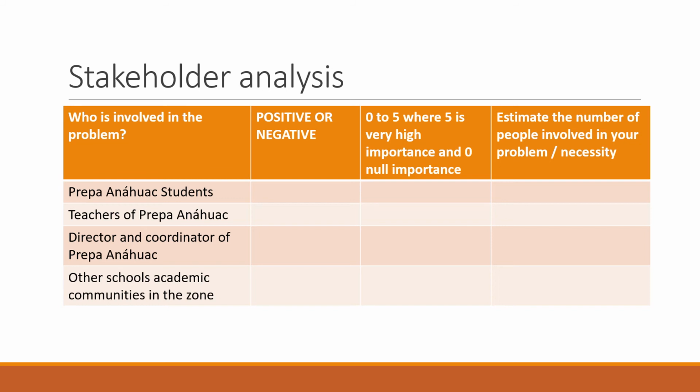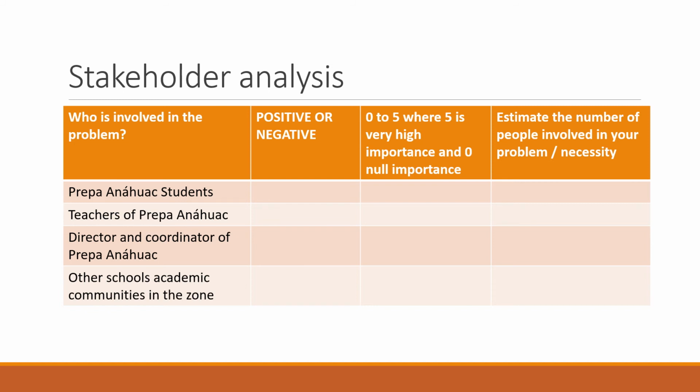For example, if it's a problem involving your community in Prepanagua, it's very easy to analyze the stakeholders of the problem. Prepanagua students, teachers, the director or coordinator, other schools, academic communities in the zone, etc. Depending on the problem or the necessity you identify in the school.